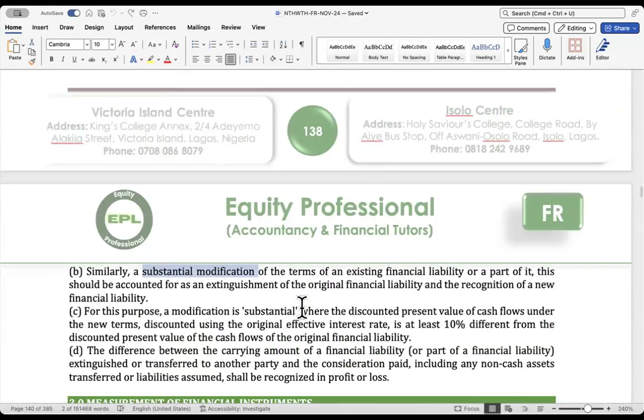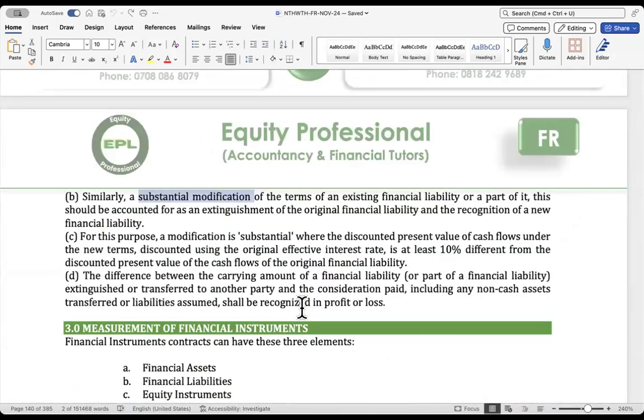So again, for financial liability, when it is eventually derecognized, it might result in a profit or loss simply because when you have a financial liability, there will be an amount that you are owing. So you might be owing, let's say, 10 naira, and you eventually settle for 8 naira. That was what you used to do the final settlement.